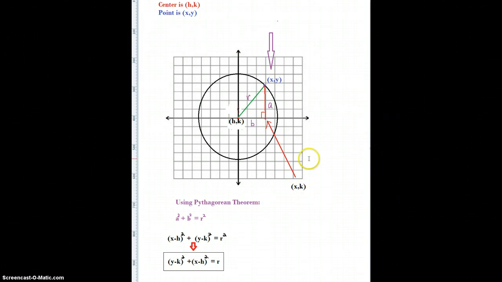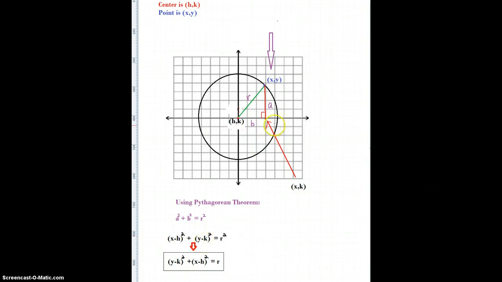Now, if we had to derive a formula for a squared plus b squared equals r squared, we could now find the distance of a and the distance of b. So let's start with a. A is a vertical line, so we're looking for the distance between the second coordinate y and the second coordinate k, and the distance would be y minus k.